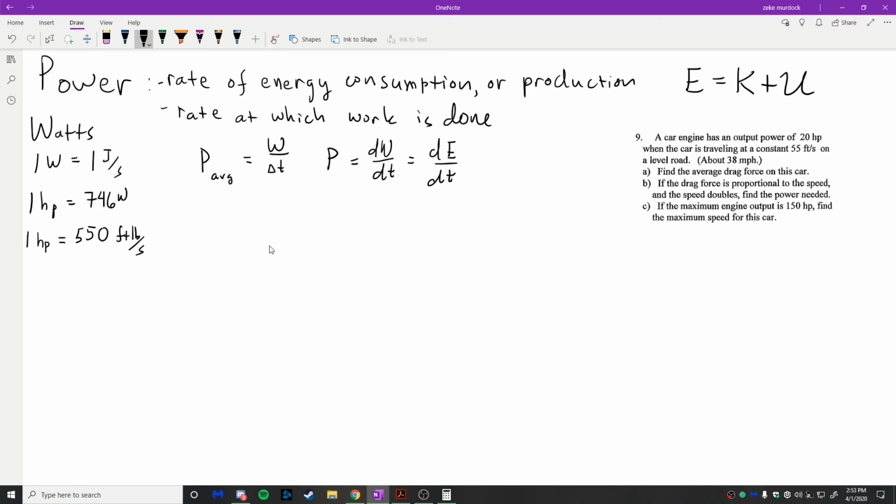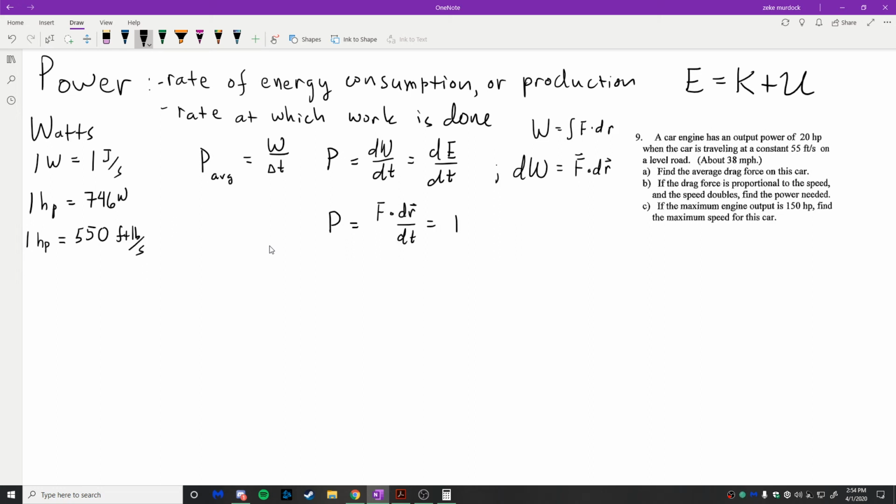Now there's another way we can write it though. If we think that the dW here can be replaced with F dot dr, from our original equation we started class with today, which is that work done is equal to the integral of F dot dr. So if we write it like this, then this power equation can be written as F dot dr, and then we put the dt down here.